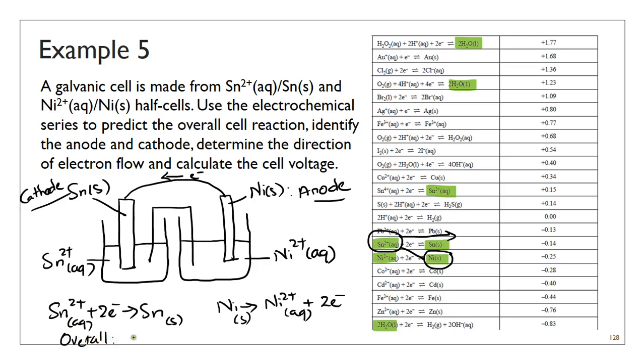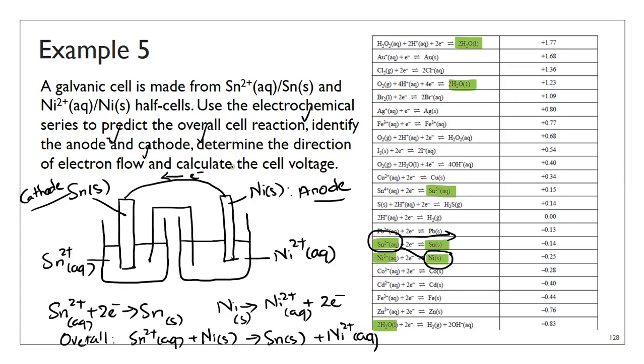So you get Sn2 plus and nickel going to Sn and nickel 2 plus. That's the overall equation. So I've predicted the overall equation, identified the anode and cathode, and determined the direction of electron flow.